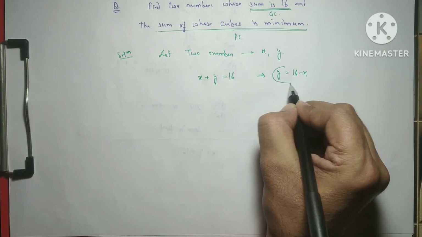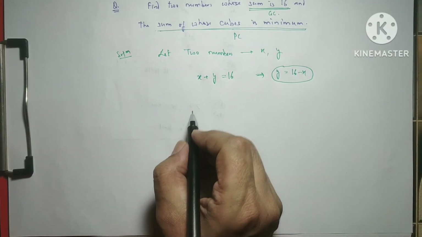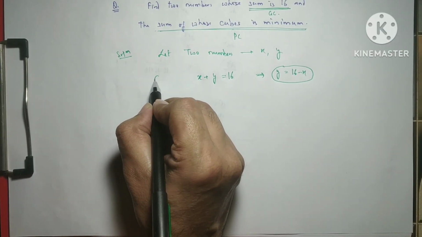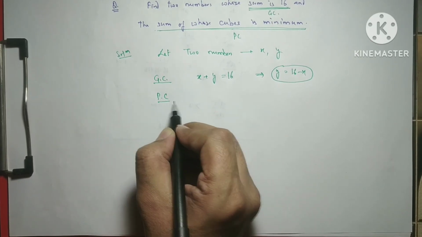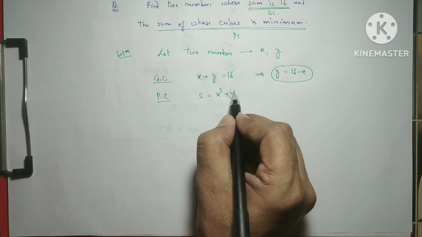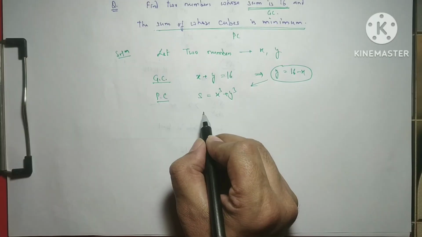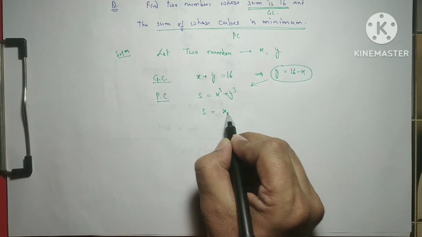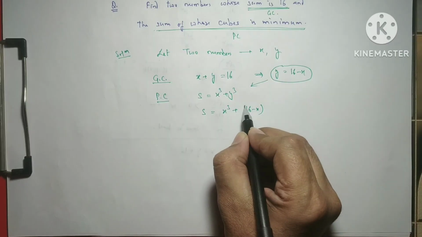So we get the value of one number in terms of the other, and this is the given condition. Right now the proving condition is the sum of cubes of these numbers. So we put this value in this expression, so we get x cube plus (16 minus x) cube.